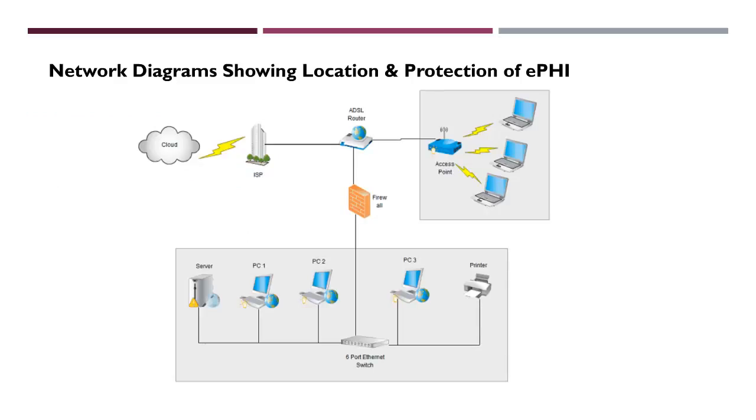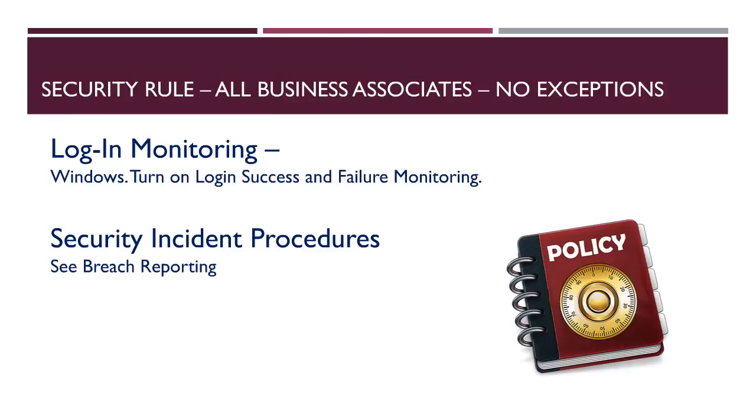Each covered entity and your business associate organization should have a network diagram showing the location of electronic protected health information and the protections surrounding that information. On the computers, make sure that login monitoring is turned on.